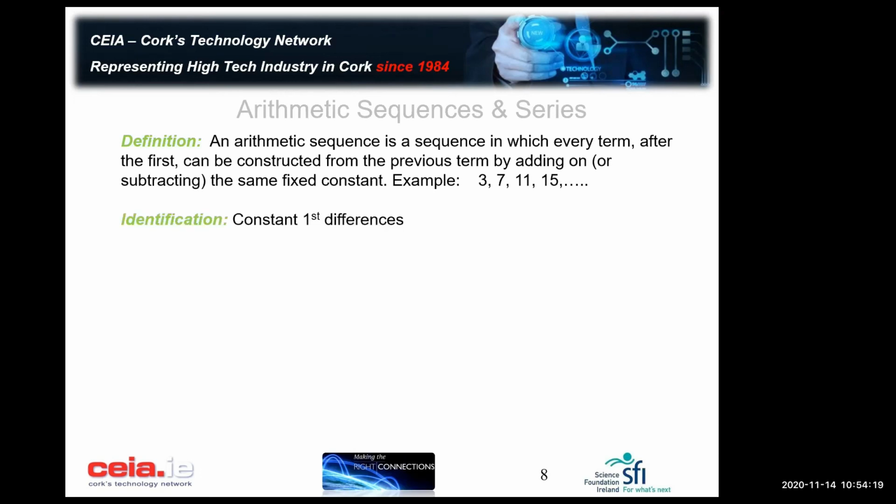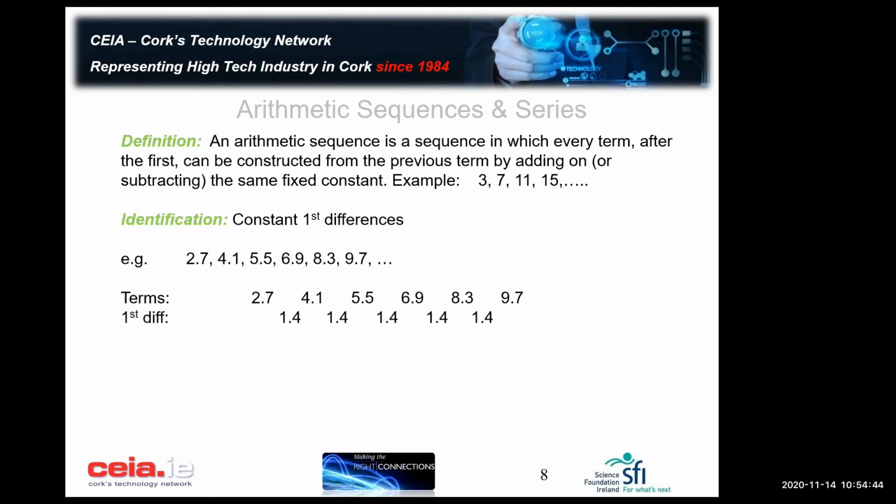So how do you identify an arithmetic sequence, which you'll be asked to do in an exam? Well, you find the constant first differences. Example, we've got a sequence here, 2.7, 4.1, 5.5, etc. And I've just spread them out, and they're all the terms. So 2.7 is term 1, 4.1 is term 2, and so on.